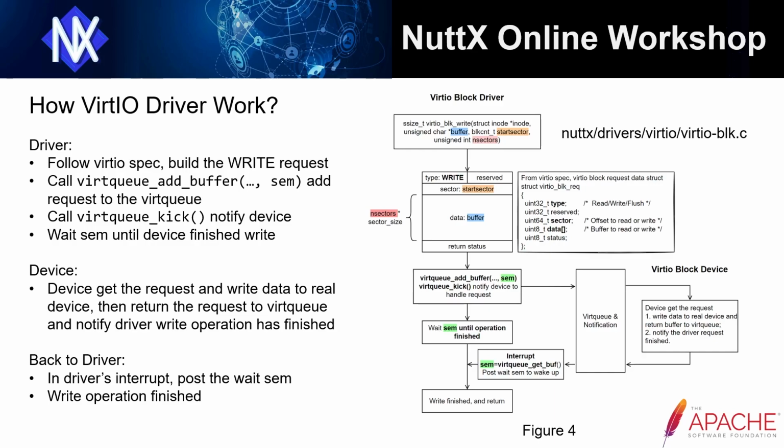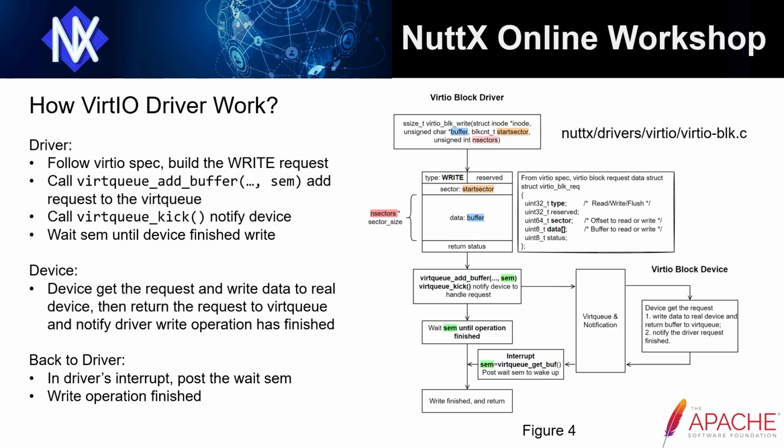From the VirtIO spec, the VirtIO block request data structure is shown in the right figure. We follow the VirtIO spec and set the type to write, the sector to the start sector, and the data to the user buffer. After building the request, we call virtqueue_add_buffer to add this request to the virtqueue, and then follow with virtqueue_kick to notify the device to handle this request as soon as possible.